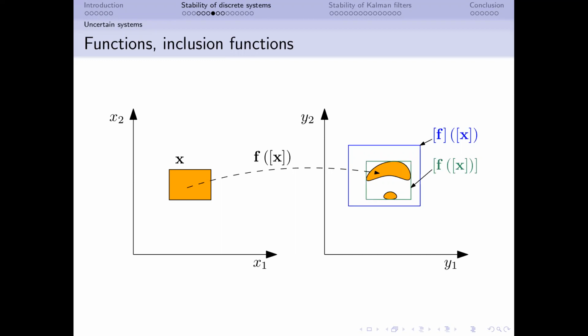Usually we cannot find a mathematical expression for the minimal inclusion function when the function is strongly nonlinear.